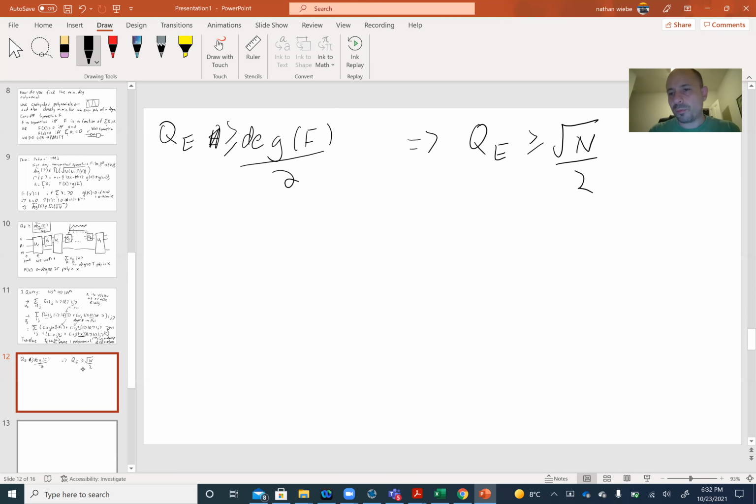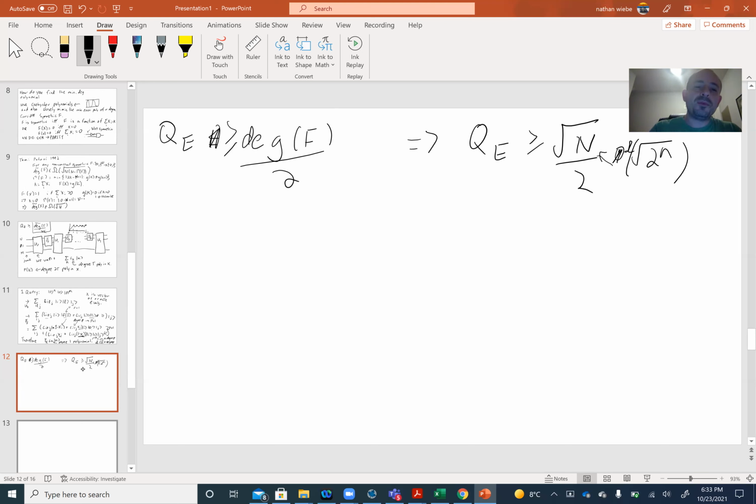Because n is the total number of queries that we can make to our oracle, this is root 2 to the n.